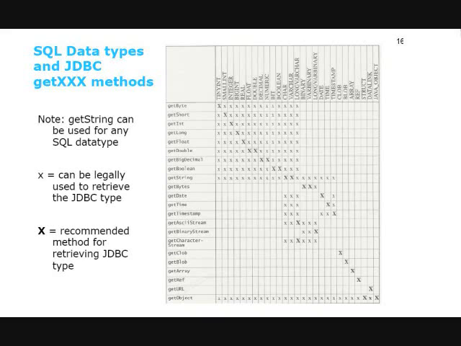It's not the exact right get method to use, but it will work. And if I look at getString, it works for the majority of them, as I said, but it's really better for booleans and chars, for chars and varchars it is the best method. So that gives you an idea of what get methods you should use, depending on the type of data that you are going to access at the database end.